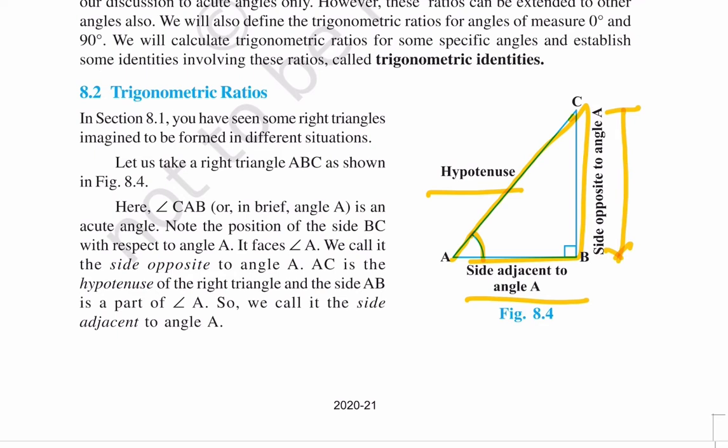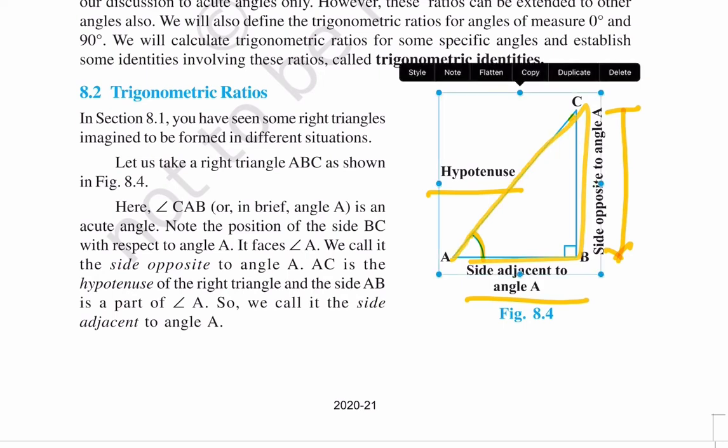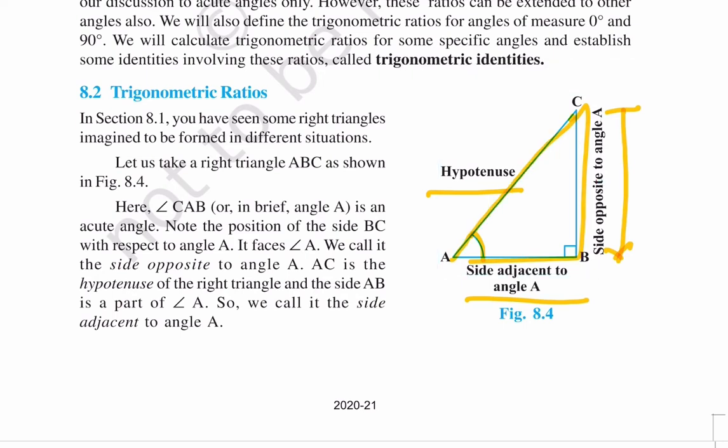Similarly, cosine of angle A is equal to the side adjacent to A divided by the hypotenuse. That means cos A is equal to base divided by hypotenuse. Similarly, tan of angle A is given by the ratio of the side opposite to angle A divided by the base, that means BC by AC.